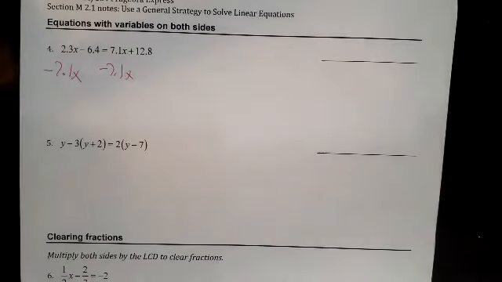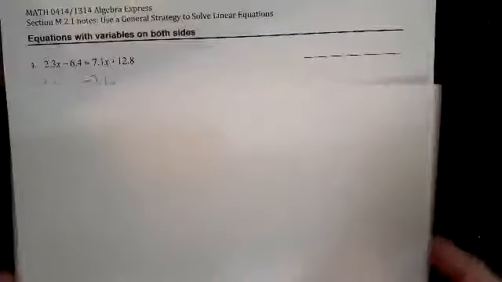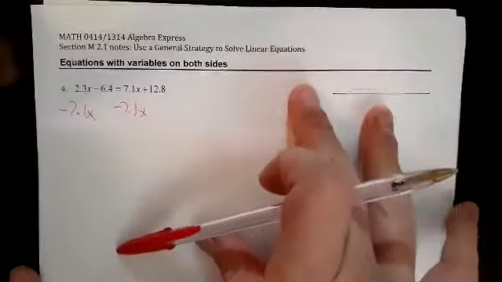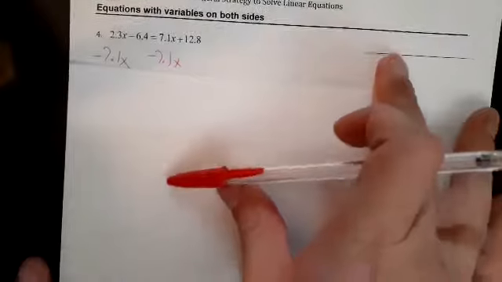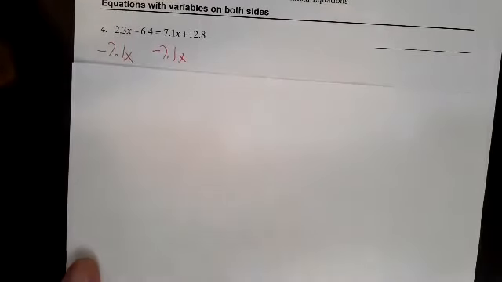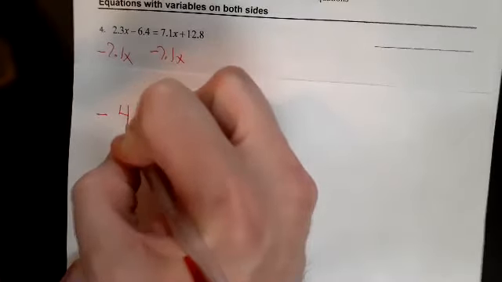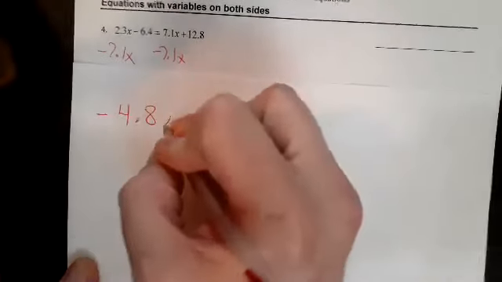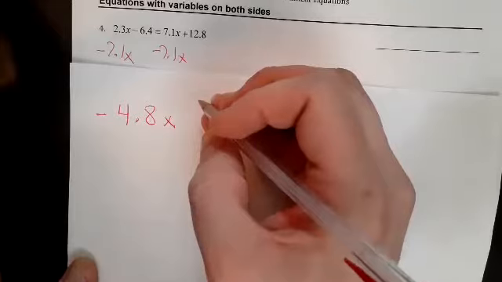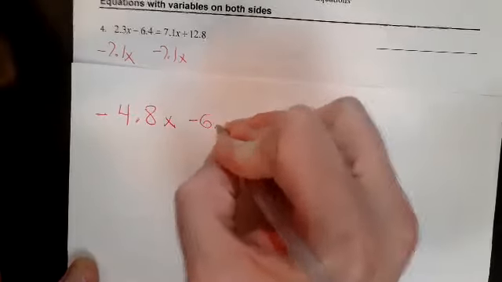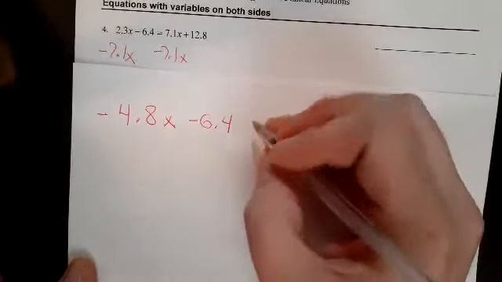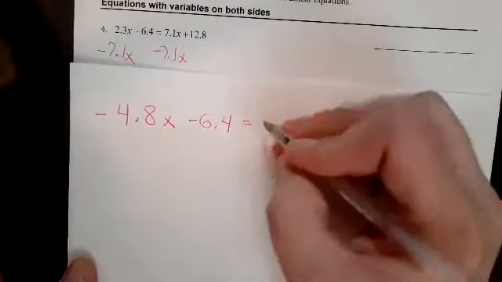And so now I'm trying to do 2.3 minus 7.1. Those are not the prettiest numbers, but we can do it. It should give you a negative number because the larger number is negative, and it should give you a minus 4.8x. And I have minus 6.4. And this is equal to 12.8.